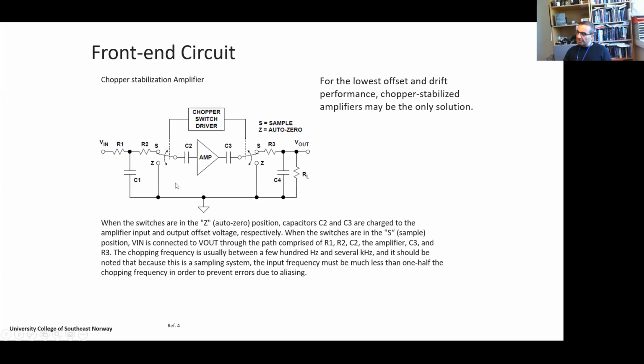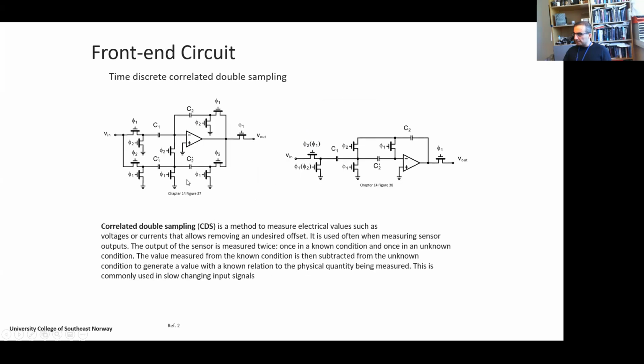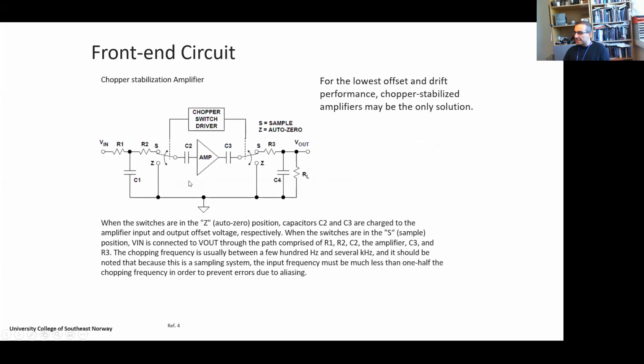So if you look at the chopper stabilization, there are many ways of implementing it. If you look into the literature, different books, different ways of implementing this technique exist. Here's an example.